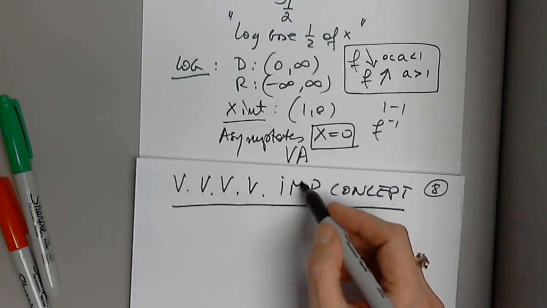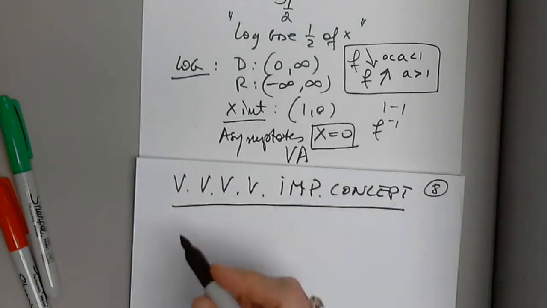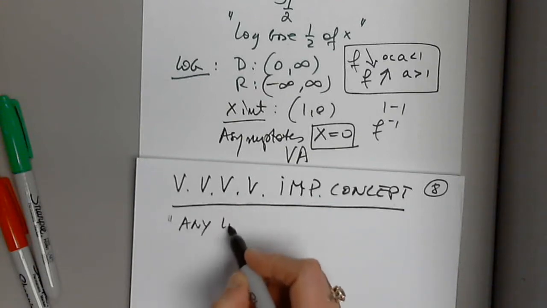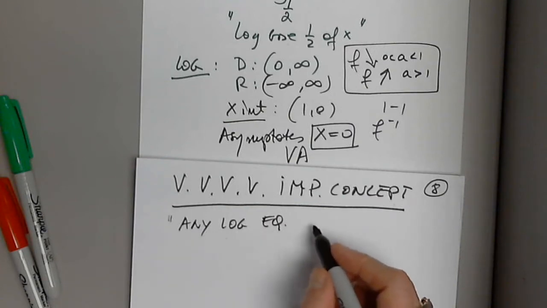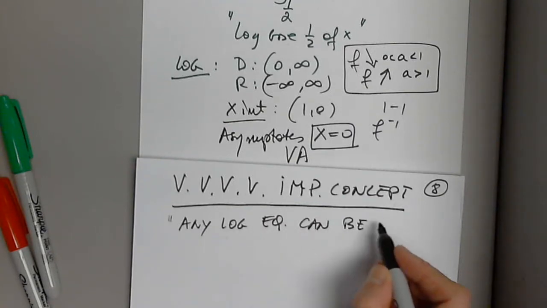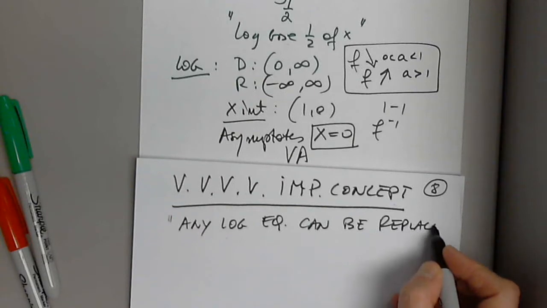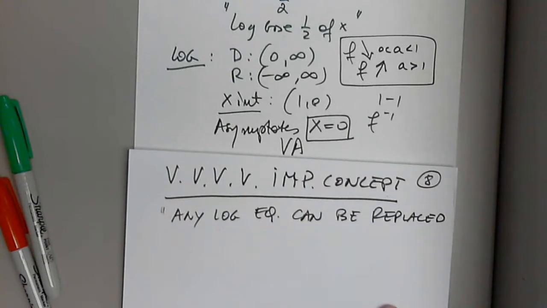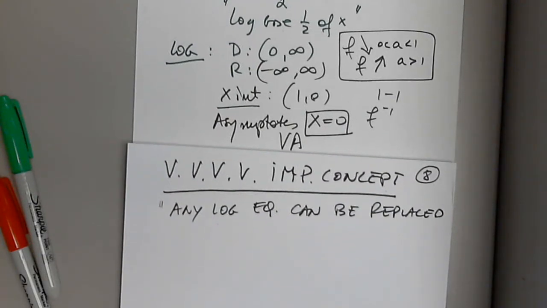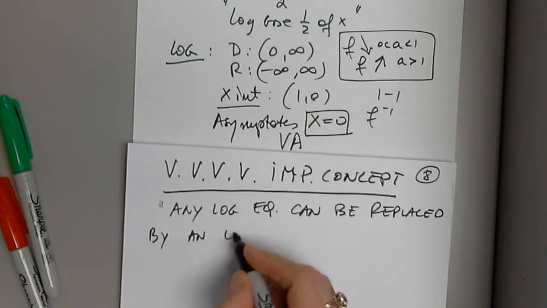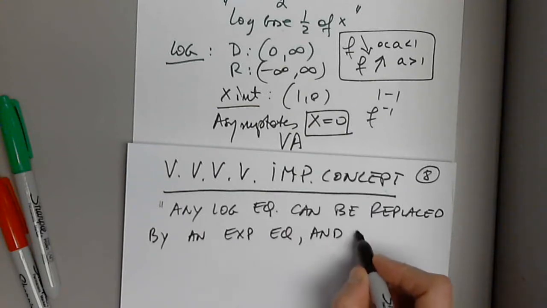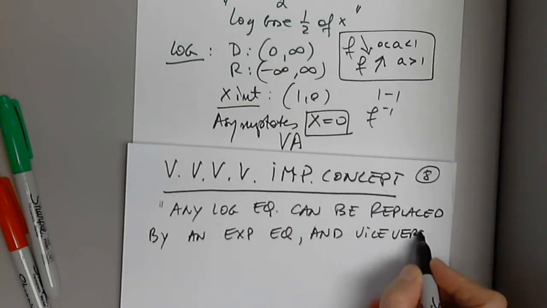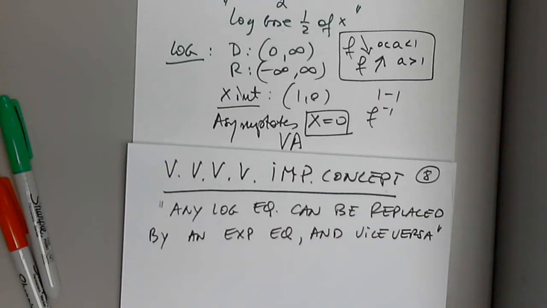The most important concept in this chapter is any log or logarithmic, in short, log equation can be replaced, if you want to write converted into, that's fine too, by an exponential equation, comma, and vice versa. This is the most important concept, in my opinion.